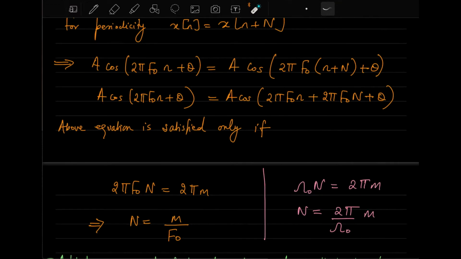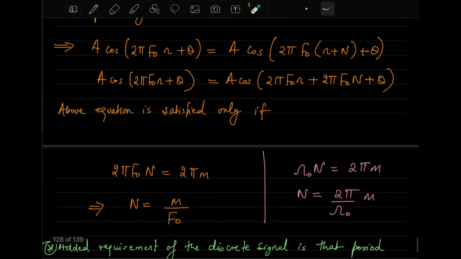If you want to represent the same in terms of the angular frequency omega naught, you just replace this by omega naught here, and then the value of N that you will get is this. The important point is you have seen something like this in your continuous setting also. But the only difference in the discrete setting is the extra constraint that we apply on the discrete signals.